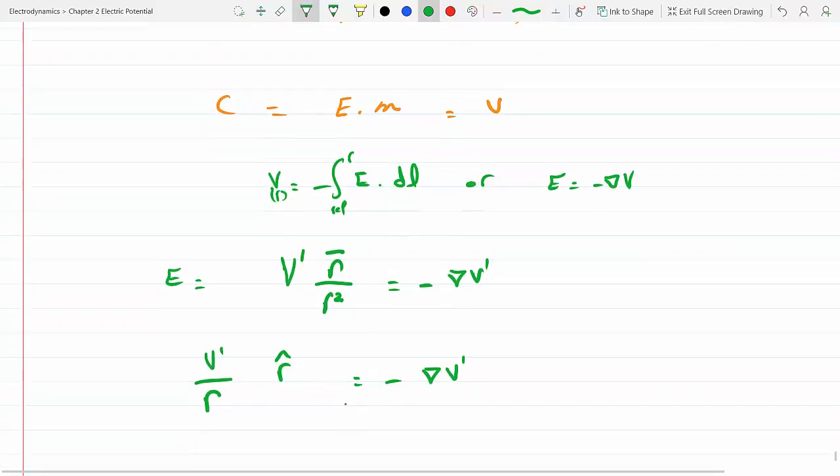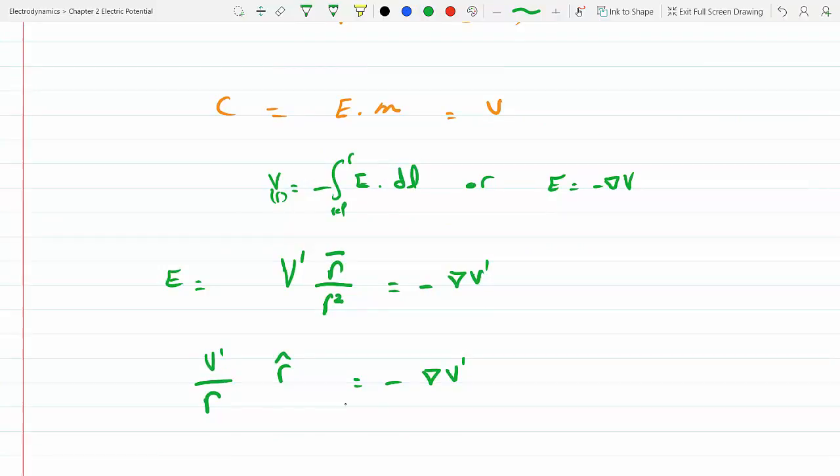We didn't use that yet on this question, but the gradient in spherical coordinates would be d over dr of V. So this is minus d over dr of V prime, and that is in the r direction.